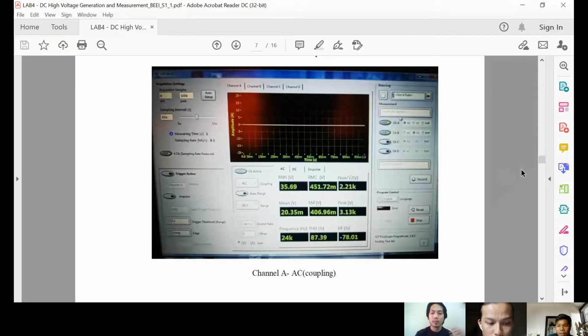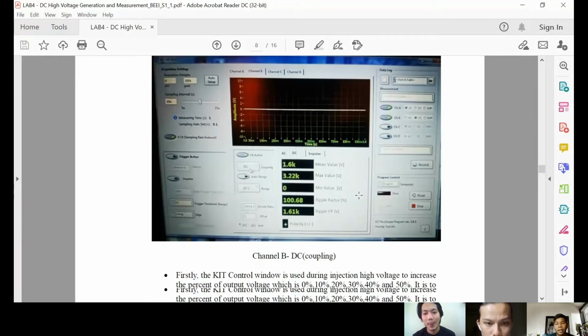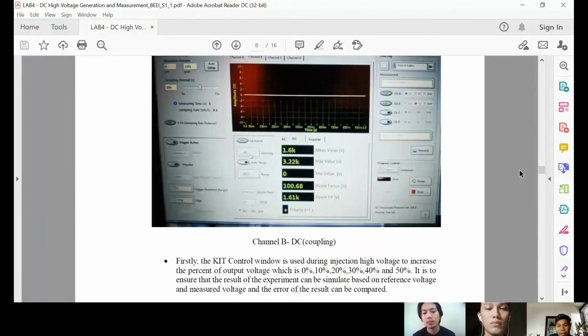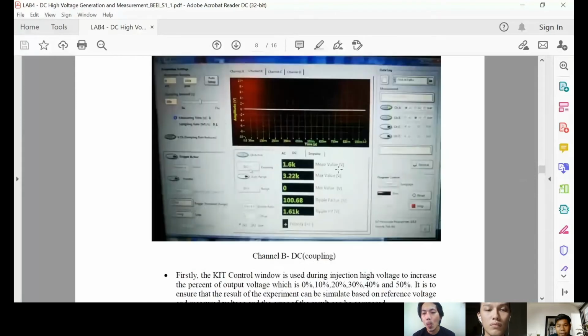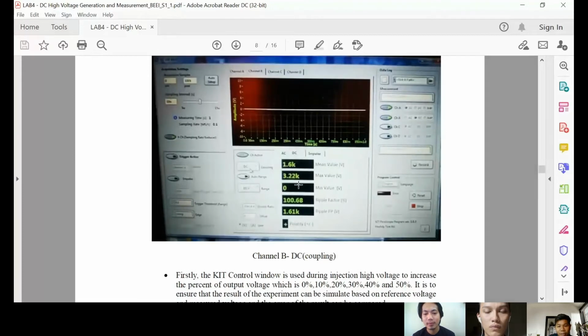Channel B is the DC output voltage that we observe, and we set the divider ratio to 20,414.4, with the offset at 0 for both channels. We must be aware of the tab for channel A and channel B because they can be a little confusing when we run the simulation result.